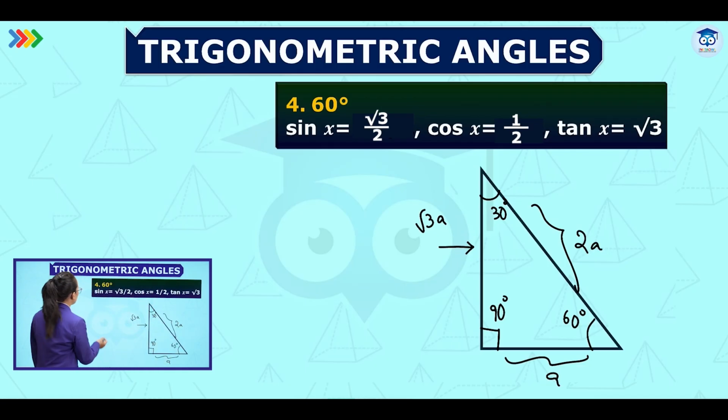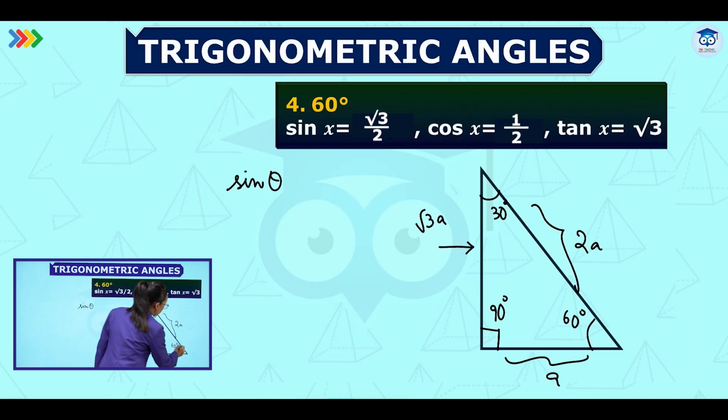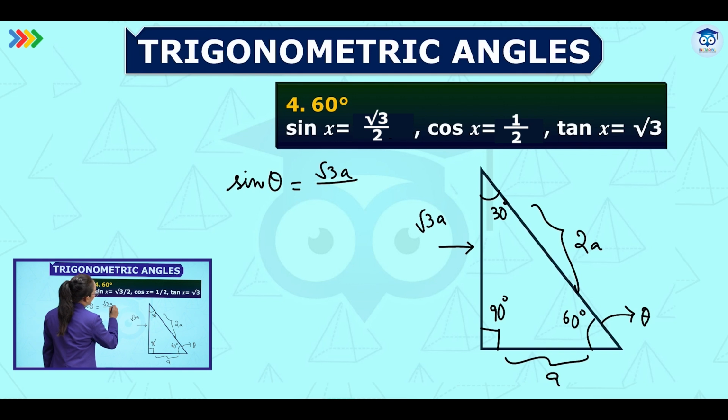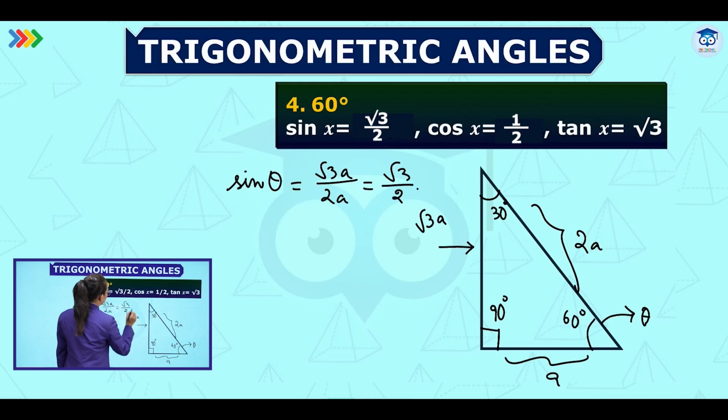Using this, we can define sine of theta. Our angle of consideration theta is this 60 degree. So the opposite is root 3a and the hypotenuse is 2a. Therefore, it is root 3 by 2. So sine x is equal to root 3 by 2 when x is equal to 60 degree.